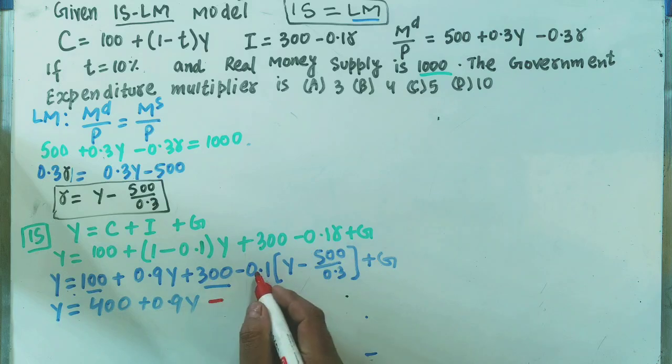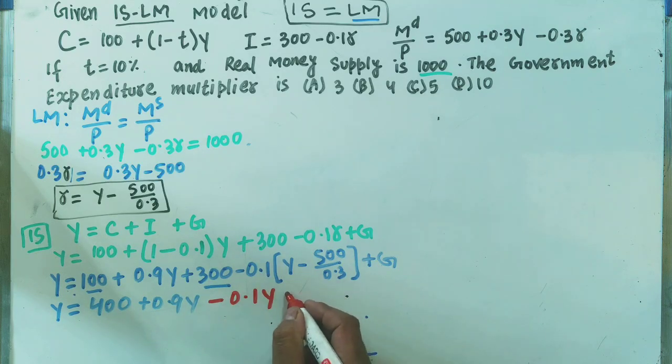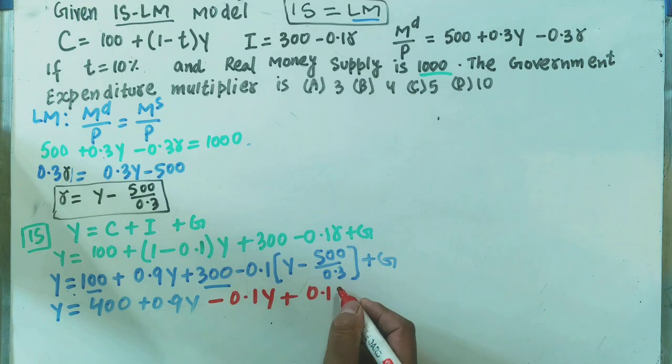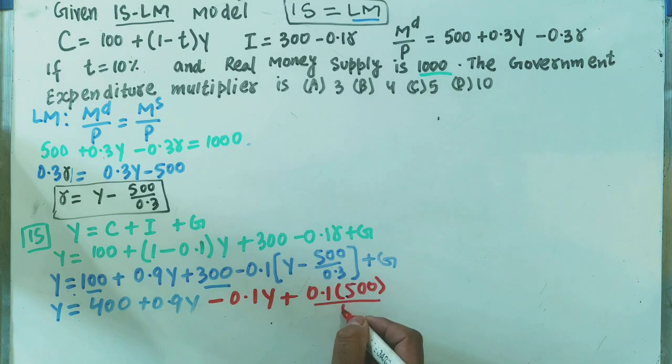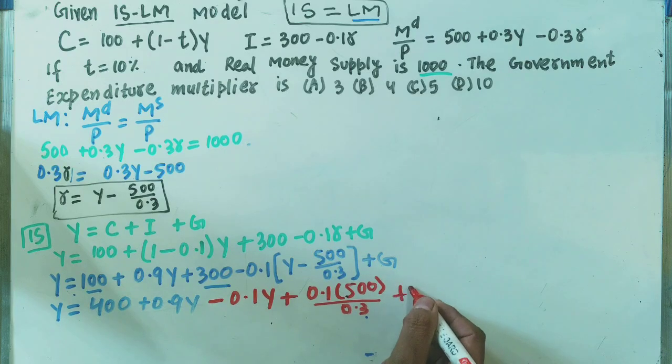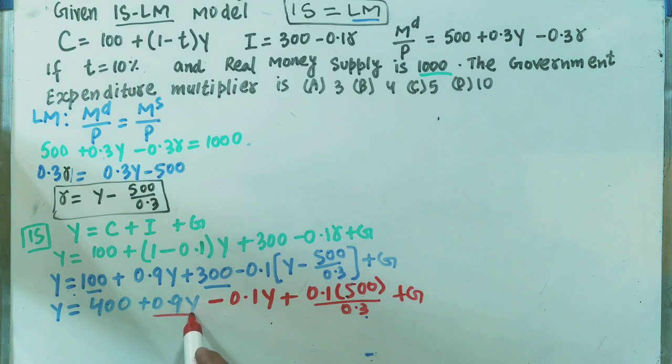Then we have minus 0.1Y, minus into minus is plus, then 0.1 into 500 divided by 0.3, plus the government expenditure. Okay, so we have 0.9Y minus 0.1Y, so we have 0.8Y.